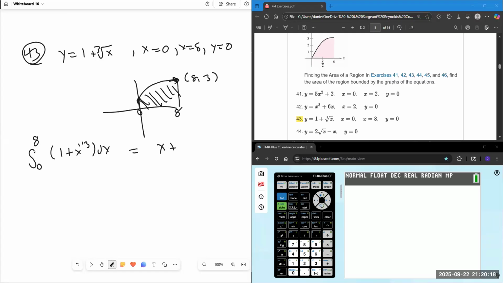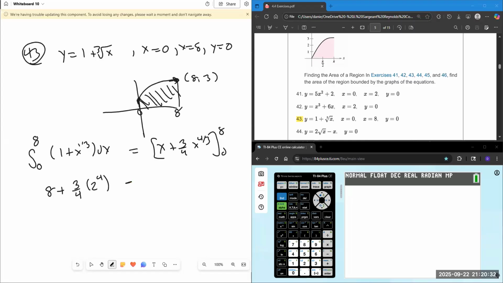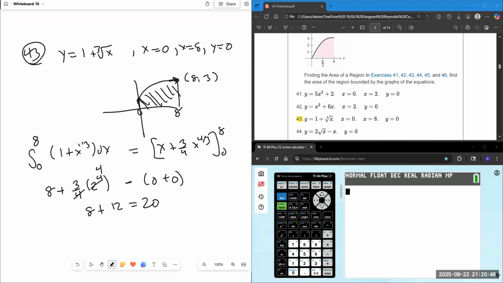It's x plus 3/4 x to the 4/3 from 0 to 8. 8 plus 3/4 of 2 to the 4th, minus 0 plus 0. So 2 of those 2's will go away, leaving me with a 4. 8 plus 12 is 20.